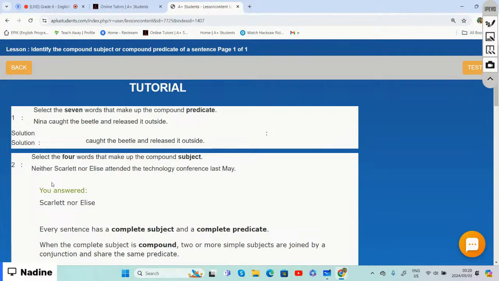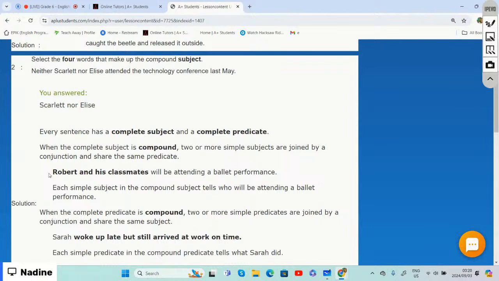Once again, with every sentence, it has a complete subject, and with every sentence there's a complete predicate. And when the complete subject is compound, remember, compound joins either words or sentences.